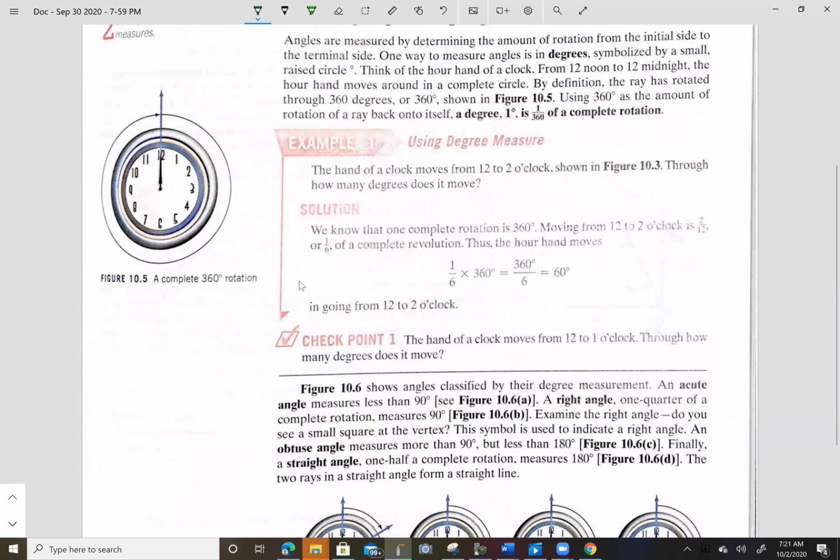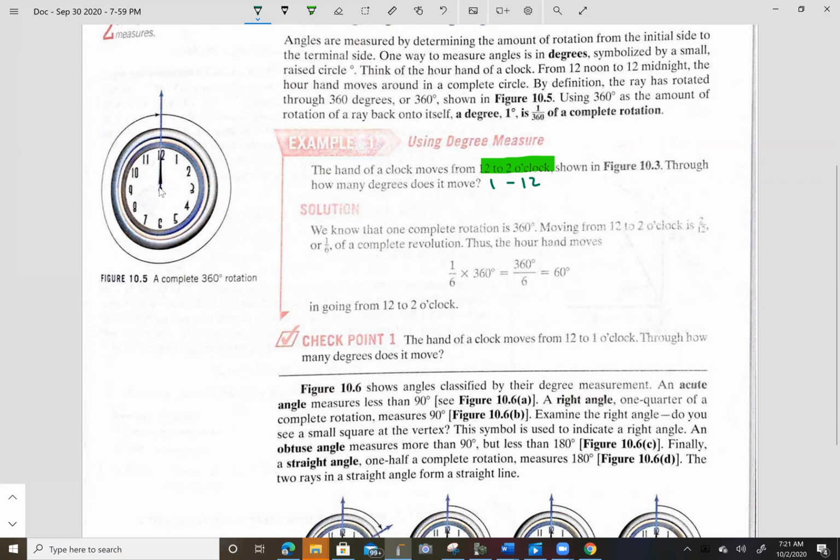So if we know that all angles in a circle add up to 360 degrees, it is pretty easy to measure them. This example says the hand of a clock moves from 12 to 2 o'clock. Through how many degrees does it move? If we know a clock has equal measurements between numbers 1 through 12, we have 12 different pie pieces, right?